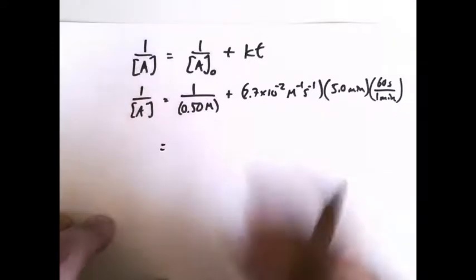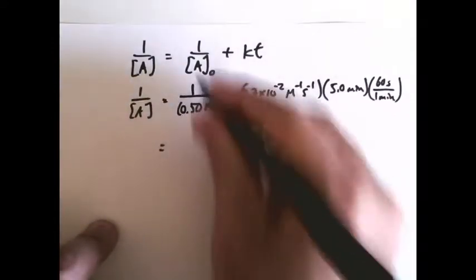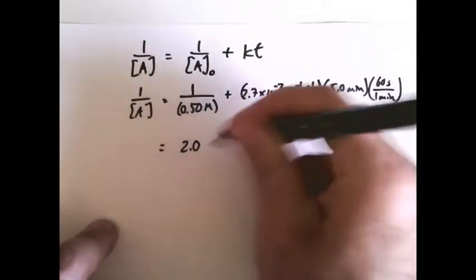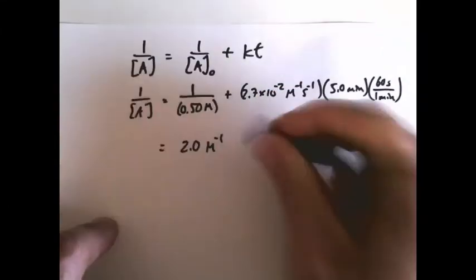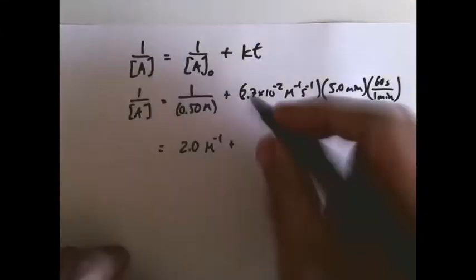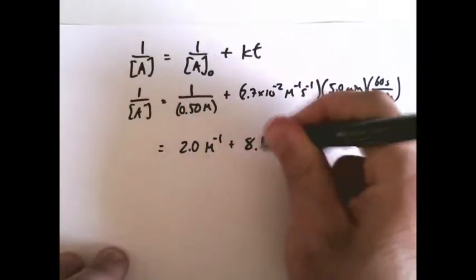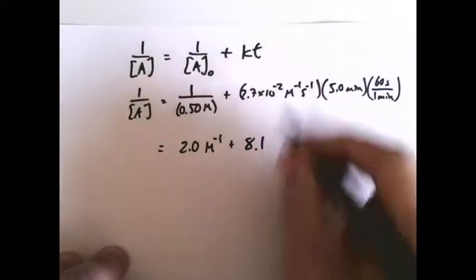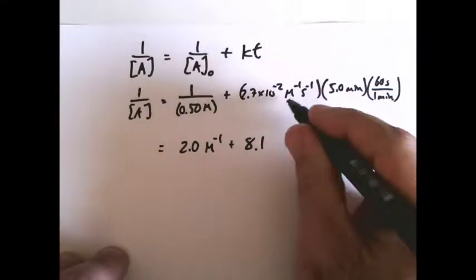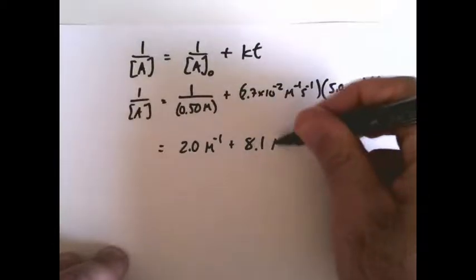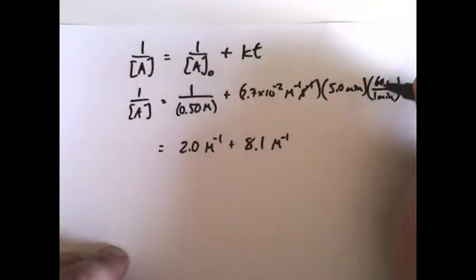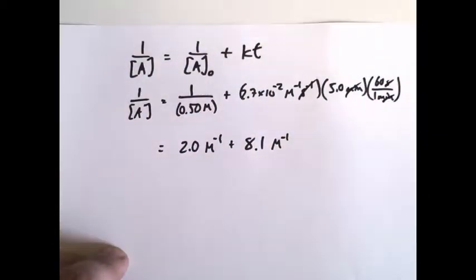But when all of that is said and done, what I now have right here, 1 over A is going to be 2.0 molar to the minus 1 plus 8.1. And again, you'll notice that the units are again going to be molar to the minus 1 because the seconds cancel out there and the minutes cancel out here.